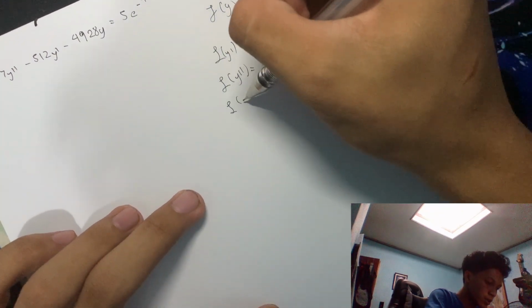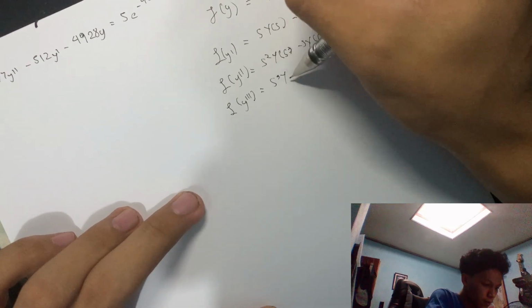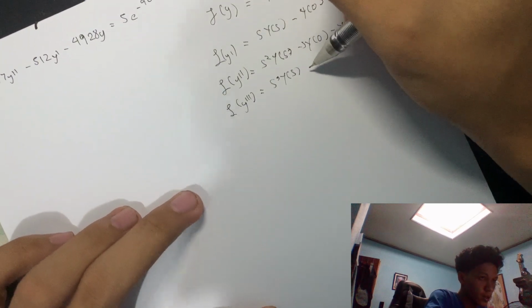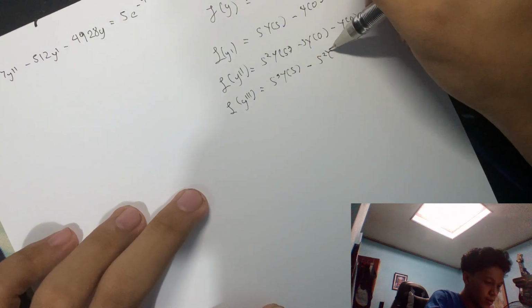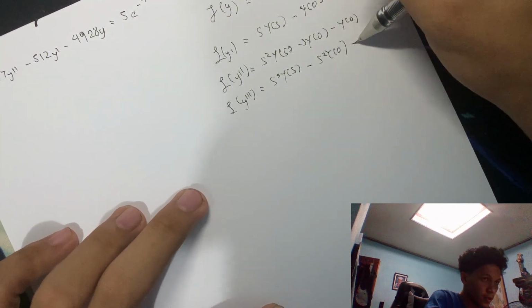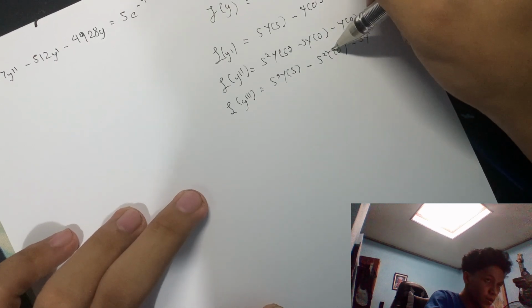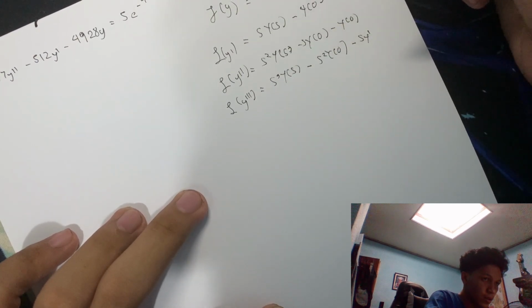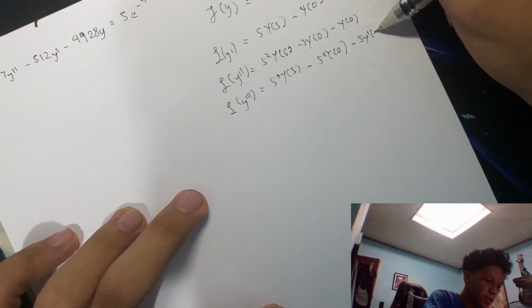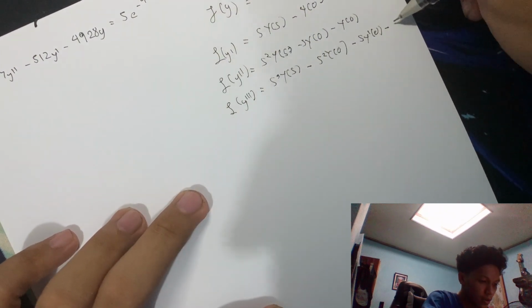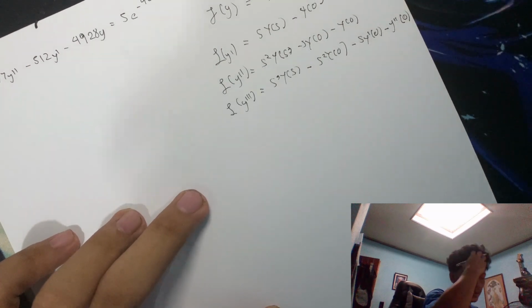And our third prime is s cube Y of s minus s square y of 0 minus sy prime of 0, and lastly minus y second prime of 0, which is equal to 0.